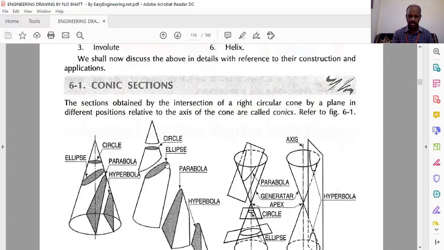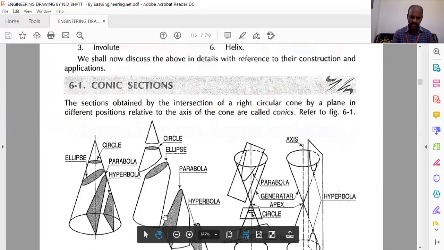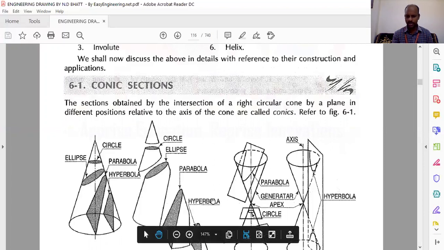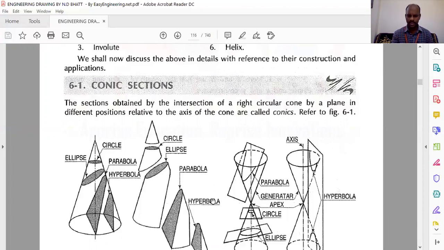So we call it an elliptical section, or simply an ellipse. Next, that is the advantage of this pictorial view, you will find a parabola here and a hyperbola here. Let us move on to further basic terminology and terms while creating the drawing.